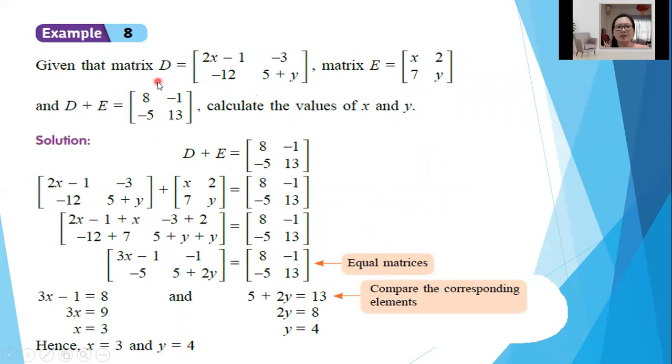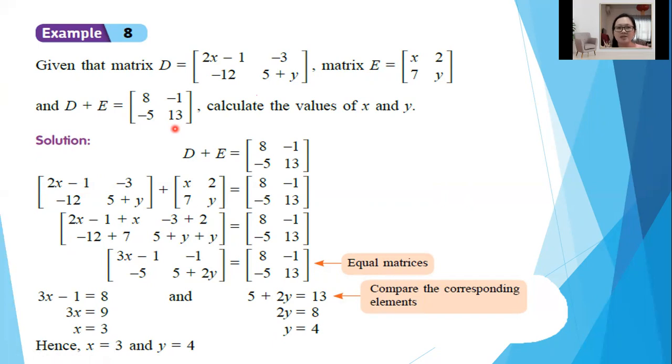Okay, now example 8. Given matrix D, matrix E, and D plus E equals 8, -1, -5, and 13. So this is advanced level. Solve the problem given. You need to calculate the values of x and y.